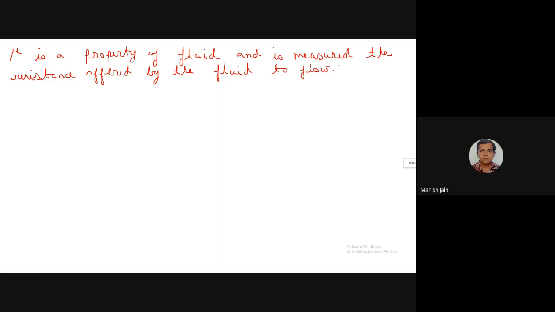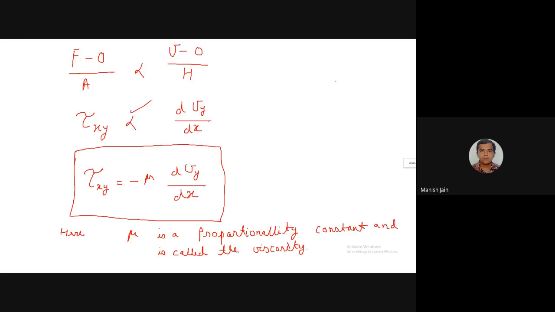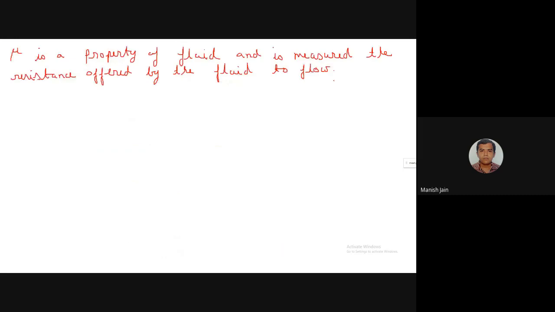Okay, so this is the viscosity. Now the other quantity in Newton's law of viscosity is tau xy. Tau xy is a shear stress. It is a force per unit area. It is not a pressure, it is a shear stress. It is like a friction.